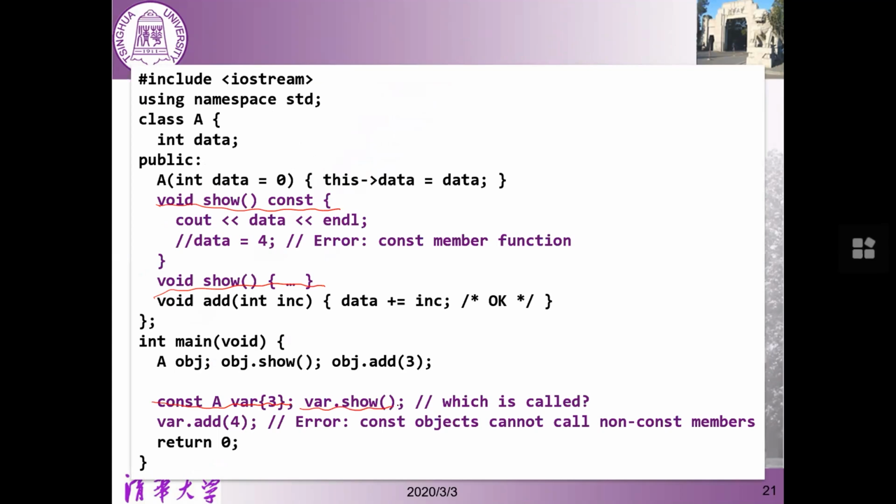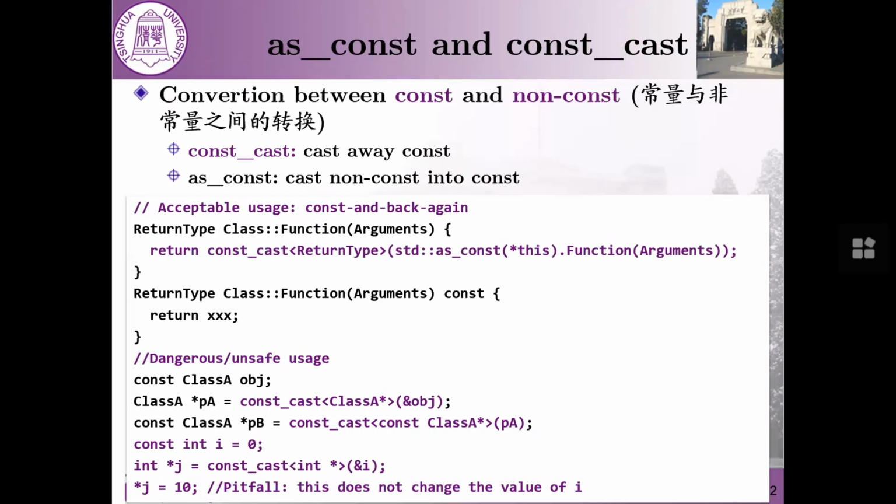We call this show. Which one is called? So if this is const object, it will call this const version of the member function. Okay, and because the object is const, we cannot call this non-const member function. This causes error.